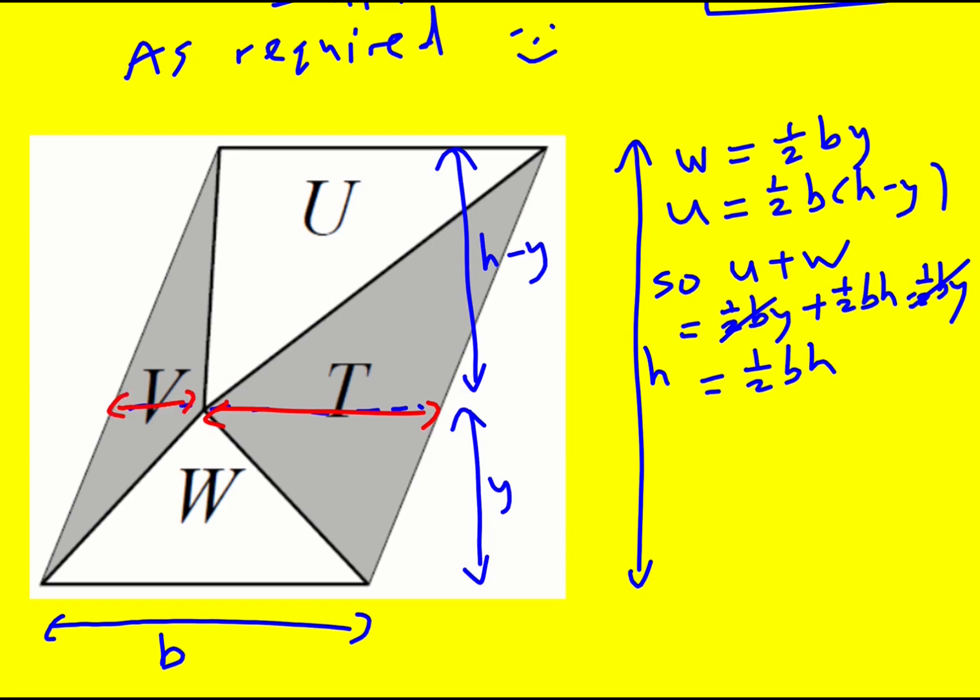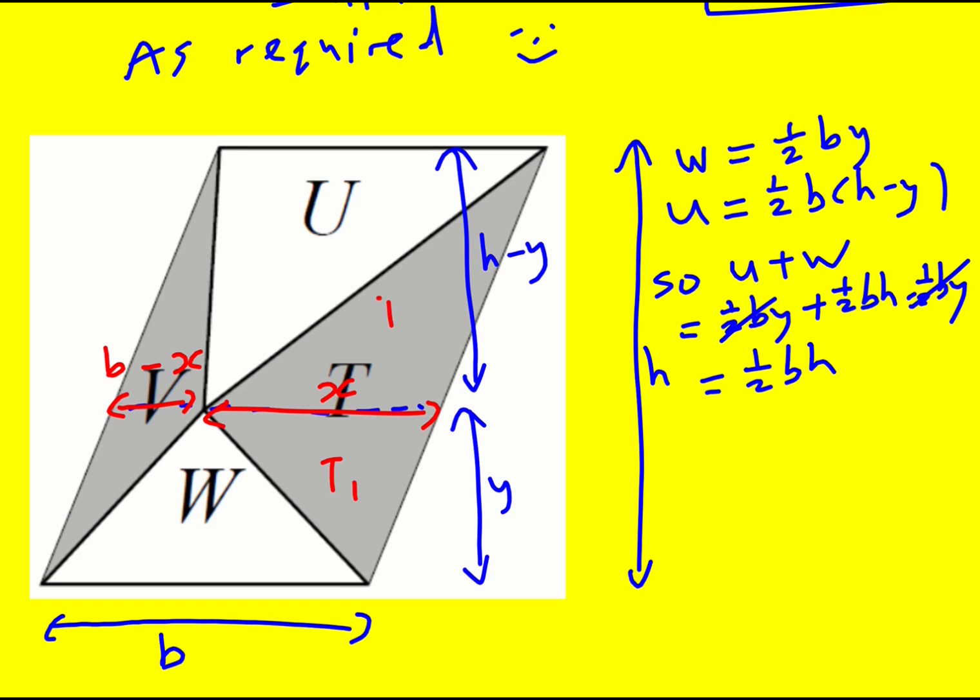So I'm going to say that this length is X, which means that this one will be B minus X, because remember the whole thing is B. Okay, I'm focusing up here. So now it's not obvious to see that the area of T is just going to be half X times H. But actually that is the case. So I'm going to show that now.